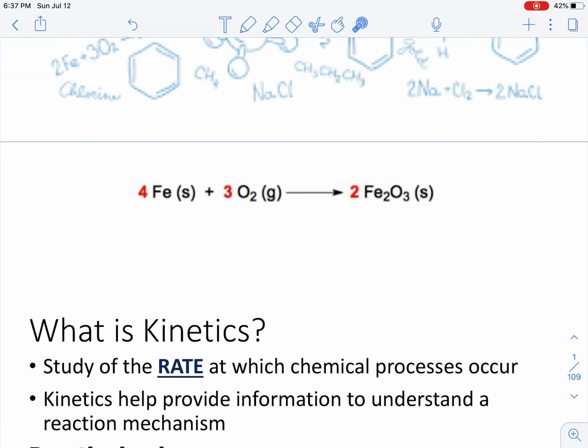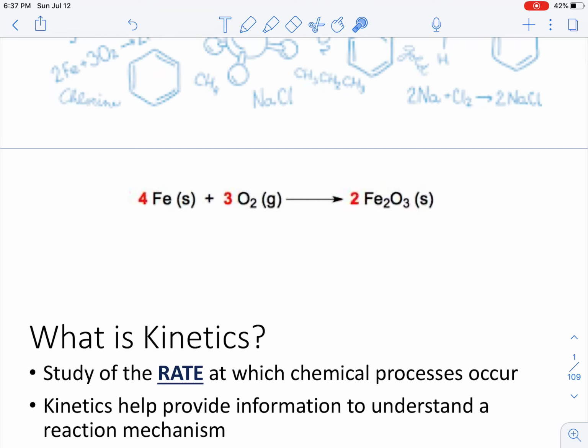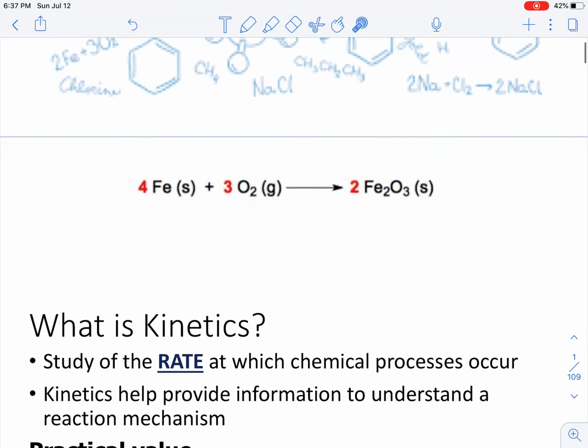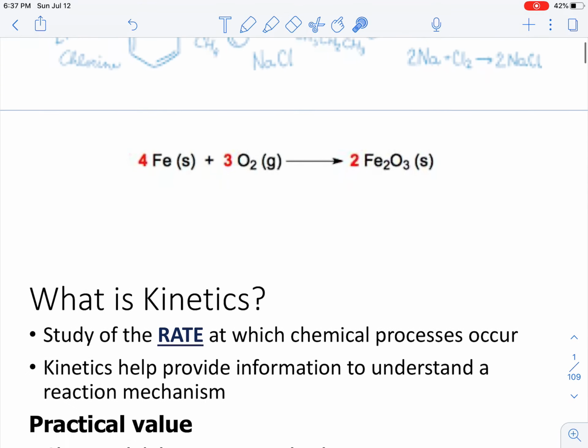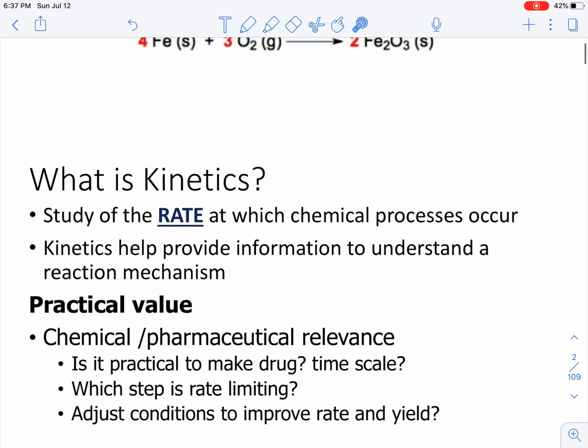Now, there's many reasons for us to study kinetics. One of them is understanding the reaction mechanism. But on a more global and industrial level, studying kinetics can help us understand the practicality of making certain drugs, whether or not it's feasible to be done in certain timescales.